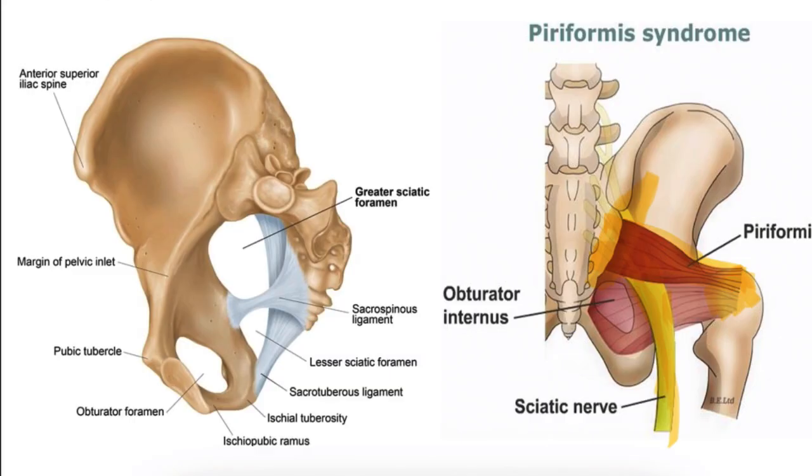Interventional options include local corticosteroid injections into the piriformis under ultrasound or CT guidance, or surgical release, which is very rare and reserved for refractory chronic cases that fail all conservative options.